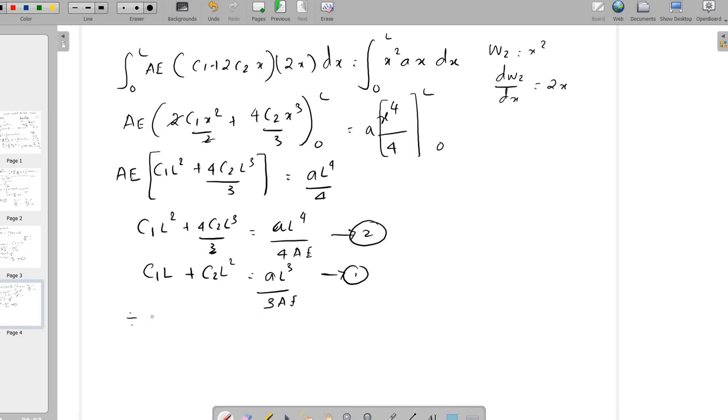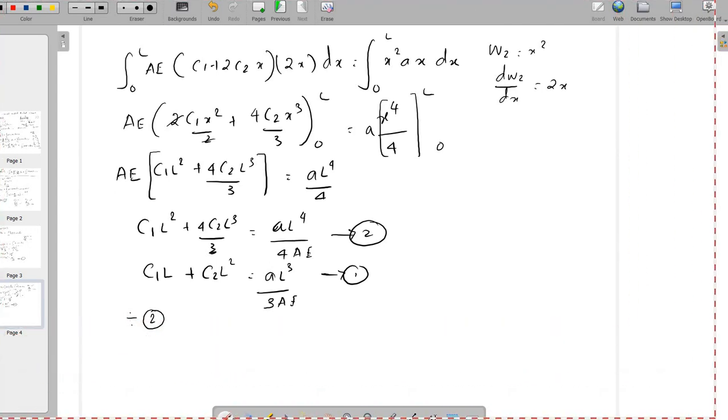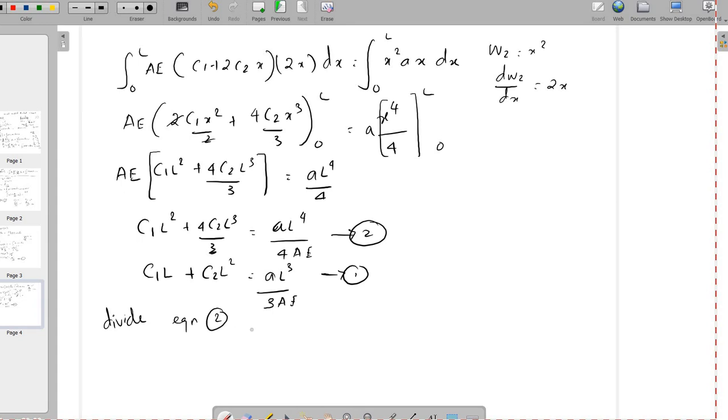If we divide equation 2 by L, it is C1L plus 4C2L square by 3, which is equal to AL cube by 4AE.